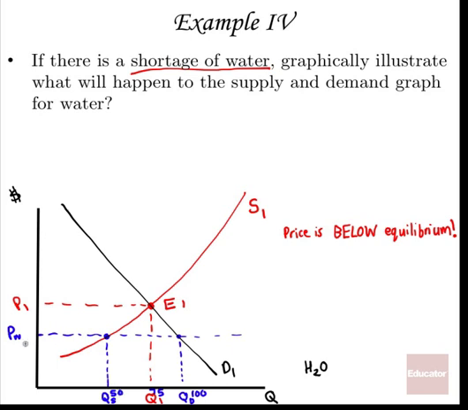What's basically going to happen at the price below the equilibrium, there's going to be a shortage, and the shortage is going to be the quantity demanded minus the quantity supplied. In this case it is 100 minus 50. So there's going to be a shortage of 50 bottles of water.